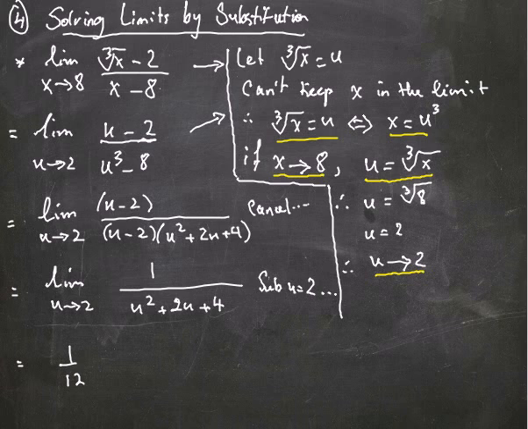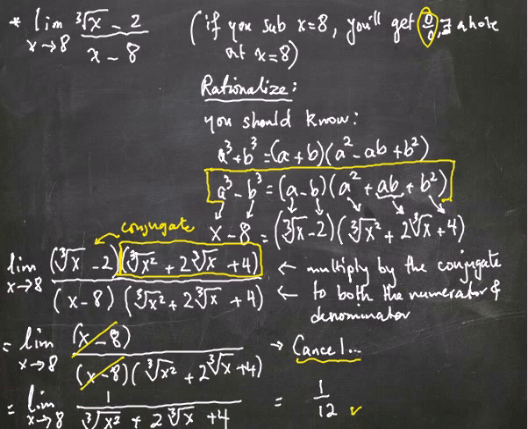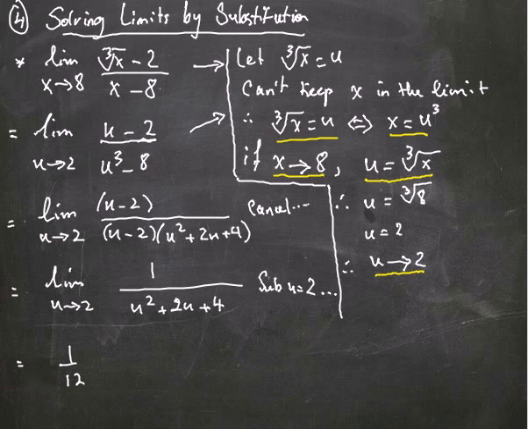Now we end up with this expression, which we should easily see is the difference of two cubes. U cubed minus 8, we can factor it using the rule we've seen here. Take the time to do it slowly, but the final outcome is u minus 2 times u squared, square the first, plus the first times the second, plus square the second.